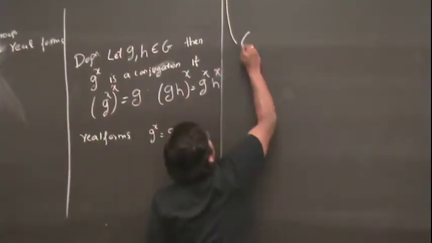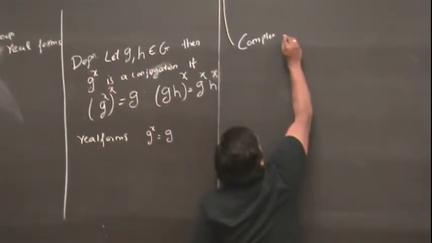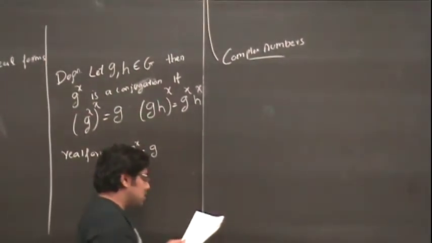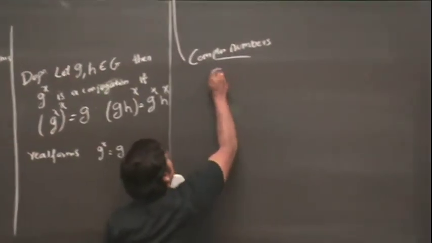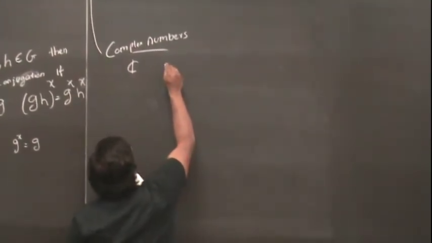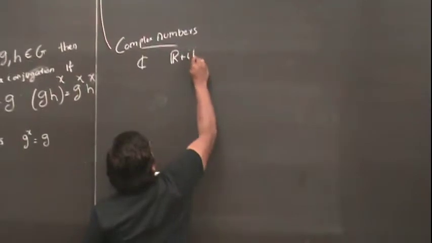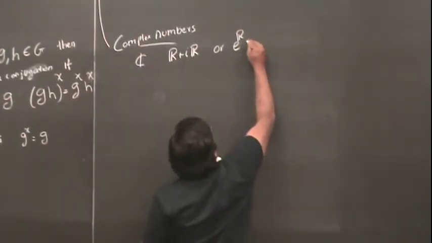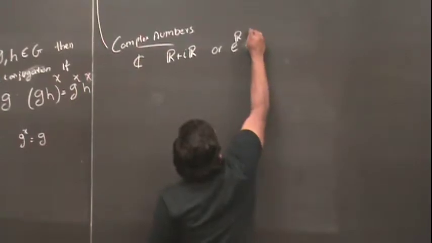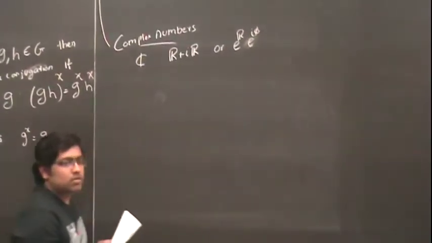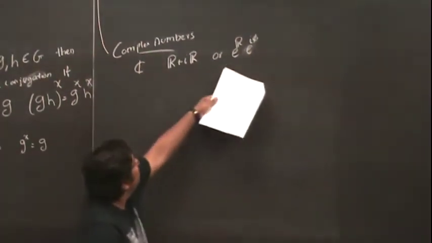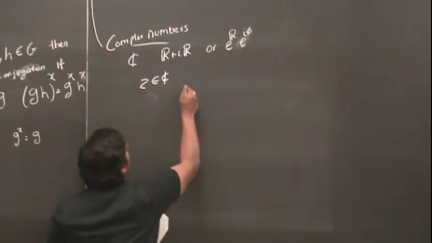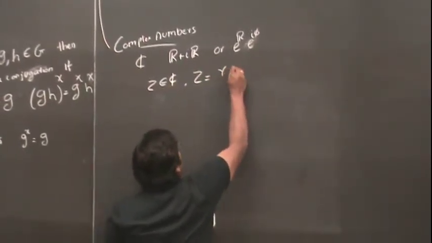So complex numbers, denoted by C. If z is an element of C, complex numbers, then we know we can write this as r e to the i phi.